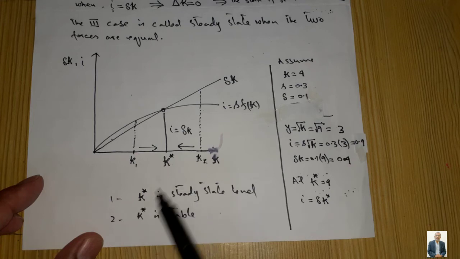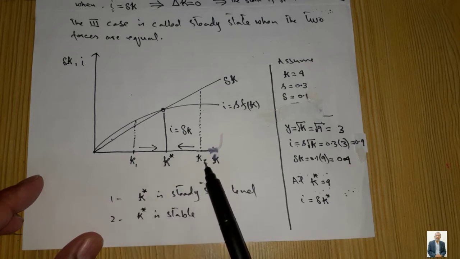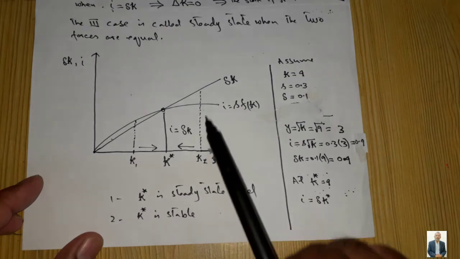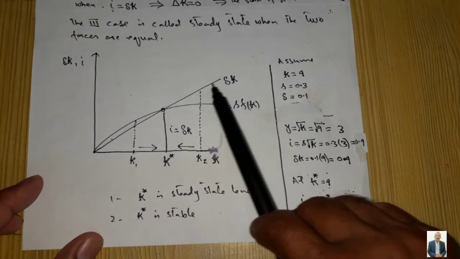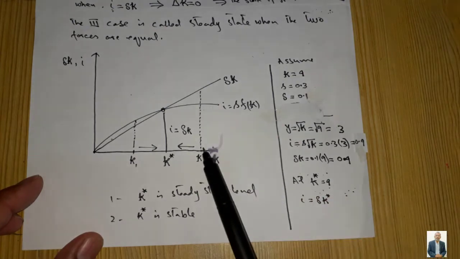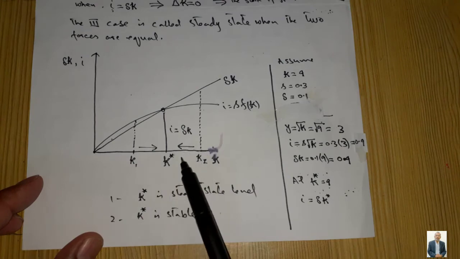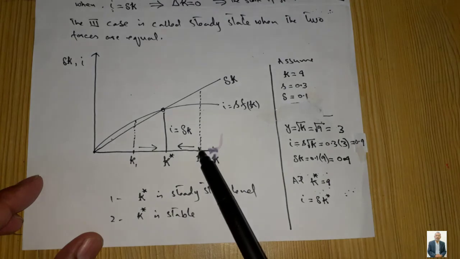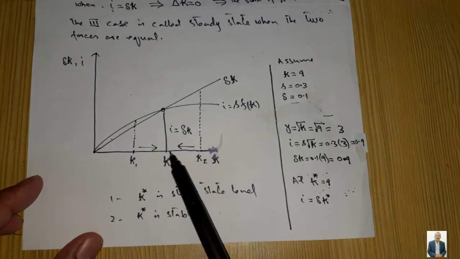I mean if somehow K increases to this level, at this level our investment per worker is less than the depreciation per worker. So definitely capital will decrease, and this is case number 2. So we will move back to this point.